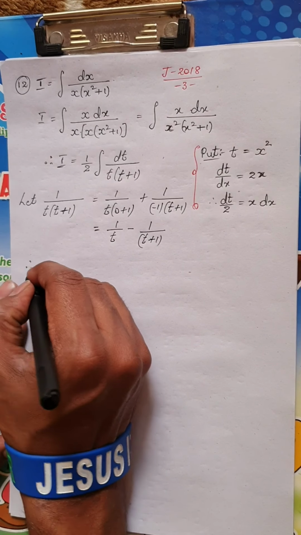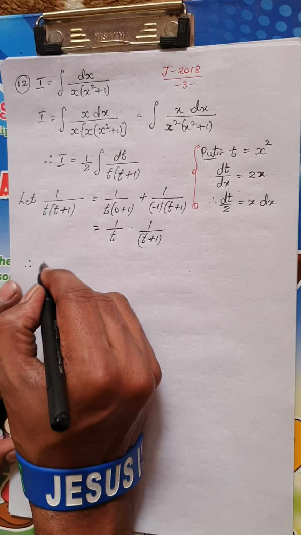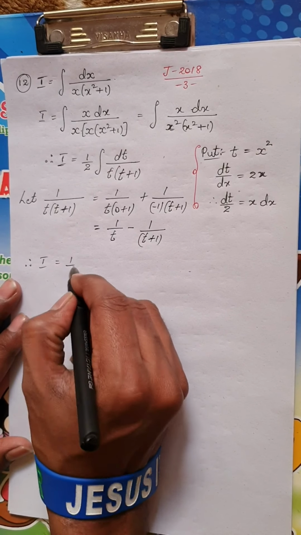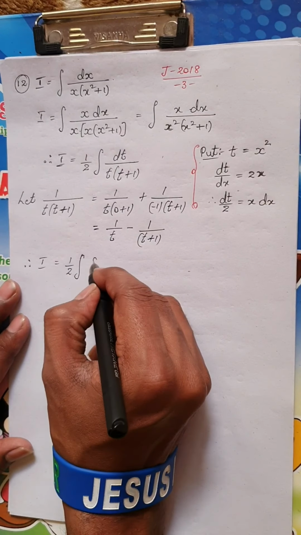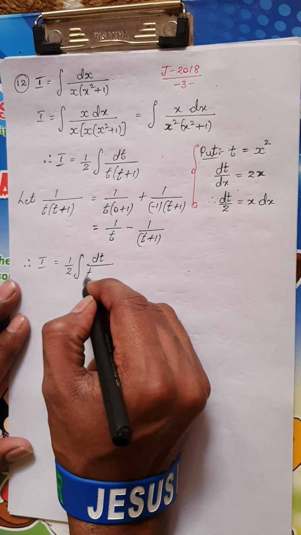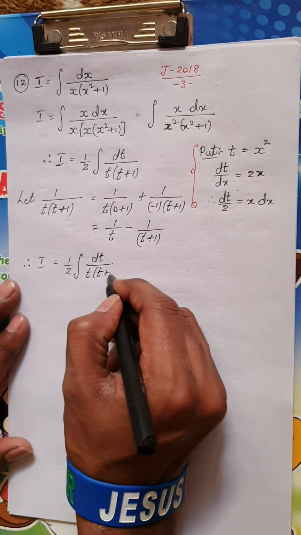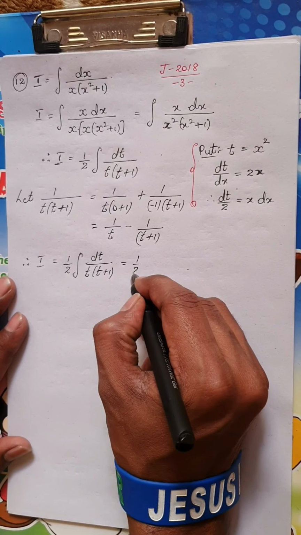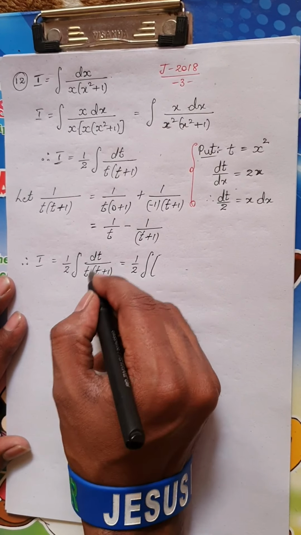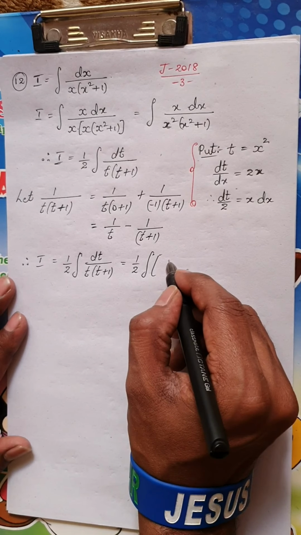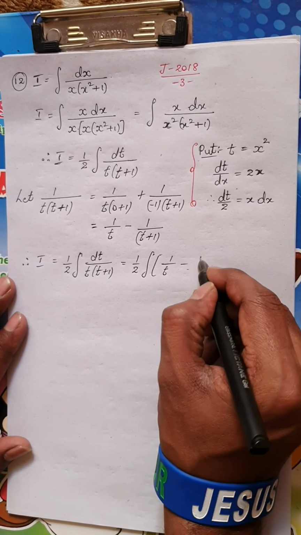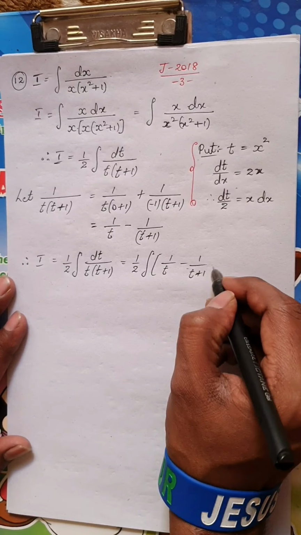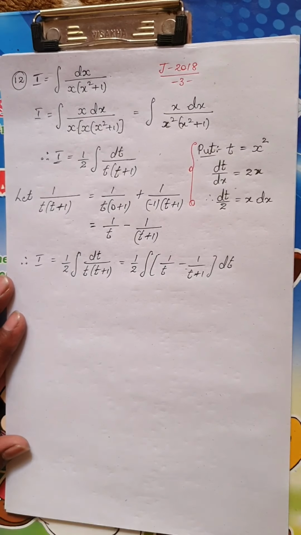Therefore I is equal to half of the integral of dt divided by t into t plus 1, right. This is half as it is, integral of 1 by t minus 1 by t plus 1 dt, right.